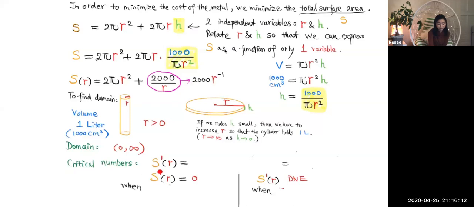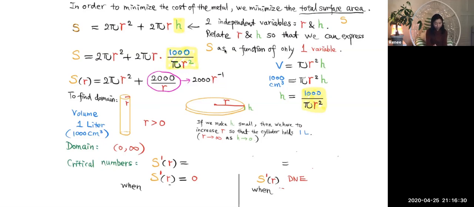So we're going to differentiate this function right here. The derivative of this term is 4 pi r. The derivative of r to the negative 1 is negative 1 over r squared.